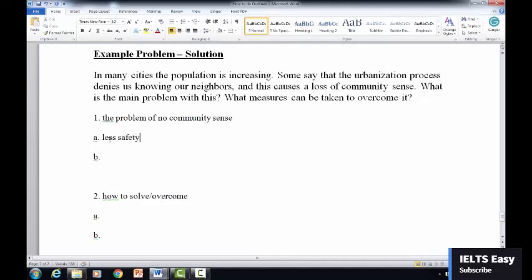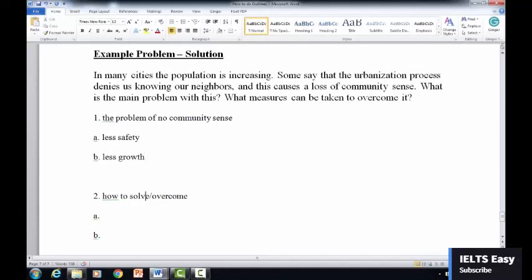Somebody might argue, well, there'll be less safety because people normally care less about who they don't know. And somebody might say also there'll be less growth in the community because if you don't have a community sense, you're going to be maybe less likely to support the businesses and things like that in that community.